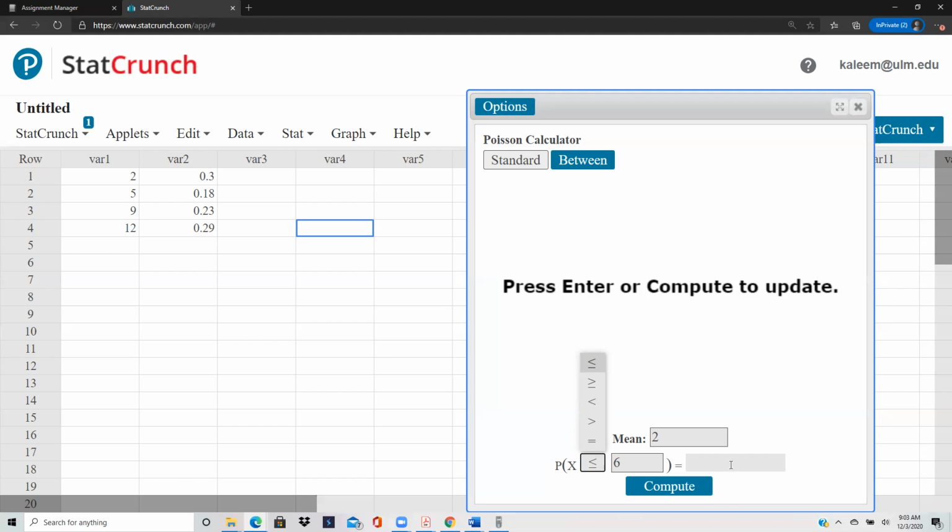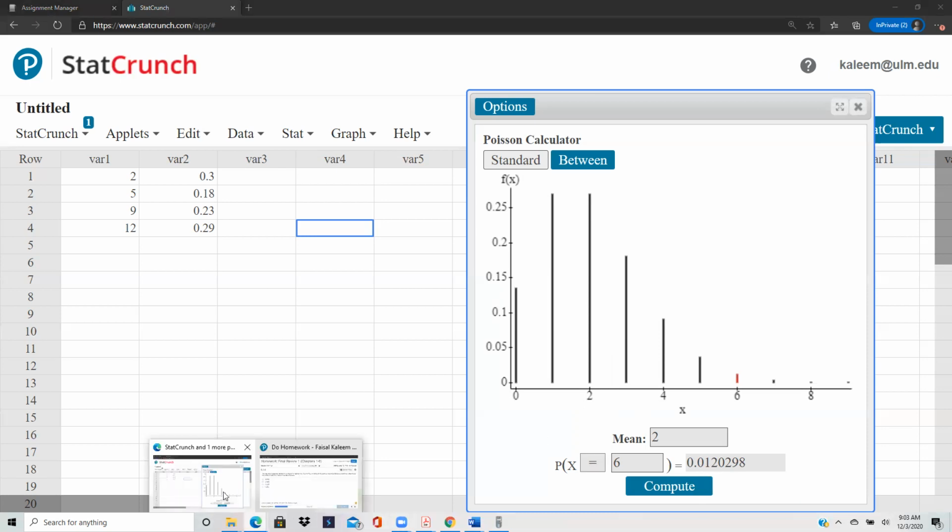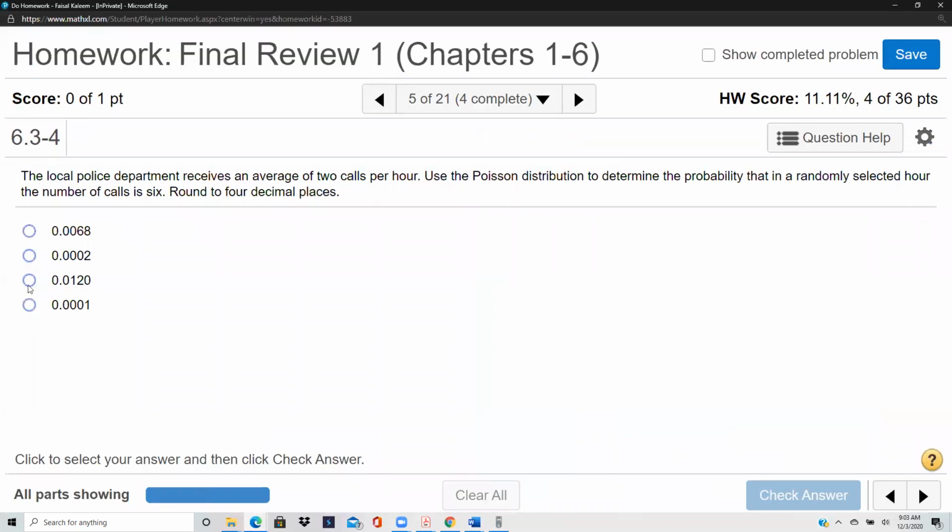Yeah. Right. So 0.012. They're all multiple choice here. 0.012.